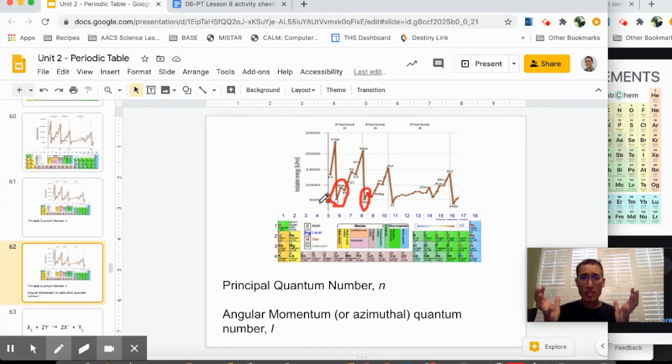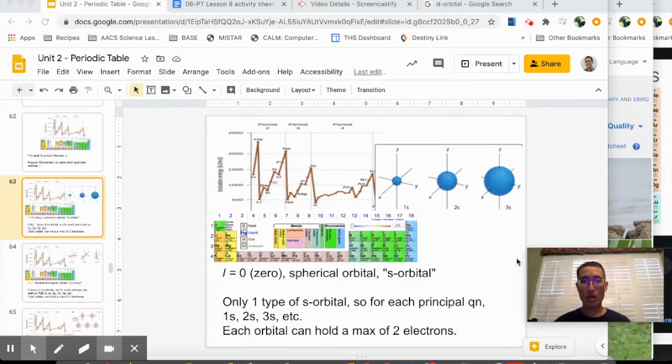And we're going to describe this as something called the angular momentum, or azimuthal quantum number, and that's going to be the letter L. When the azimuthal quantum number is 0, it shows what shape the orbital is that the electrons can be in.